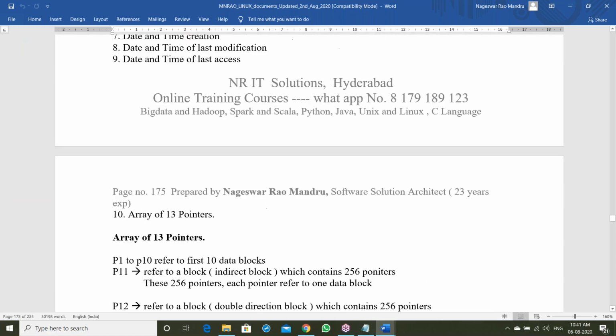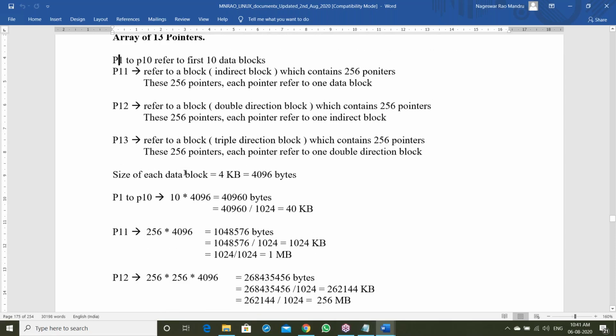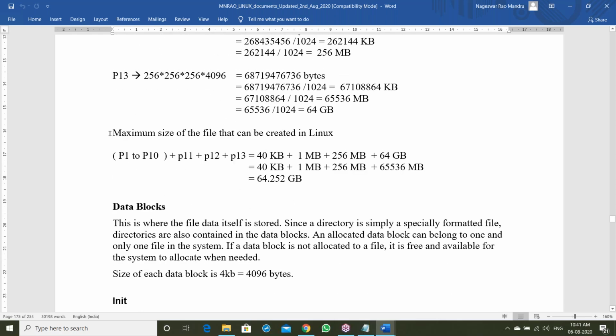Yeah, this is the inode concept in Linux, an array of 13 pointers. The maximum file size that can be created in Linux is around 64 GB; more than that it fails. That's the Linux concept.